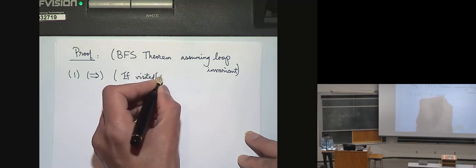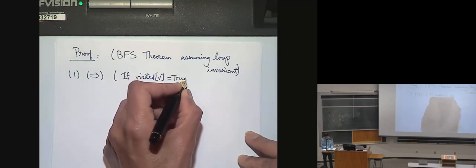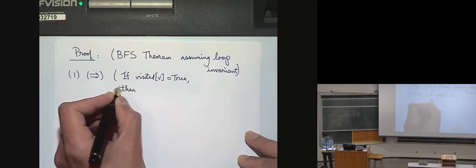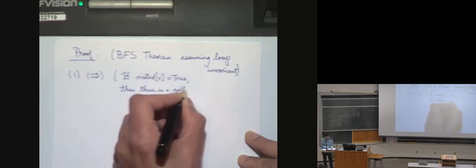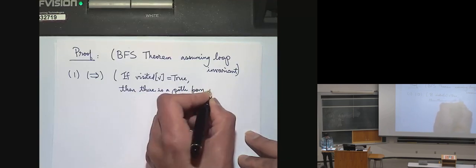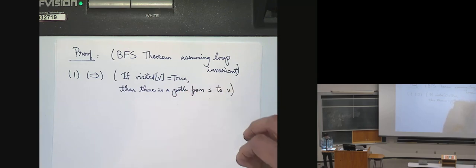Prove that if visited of V is true, then there is a path from S to V. So each of these proofs ends up becoming an induction.